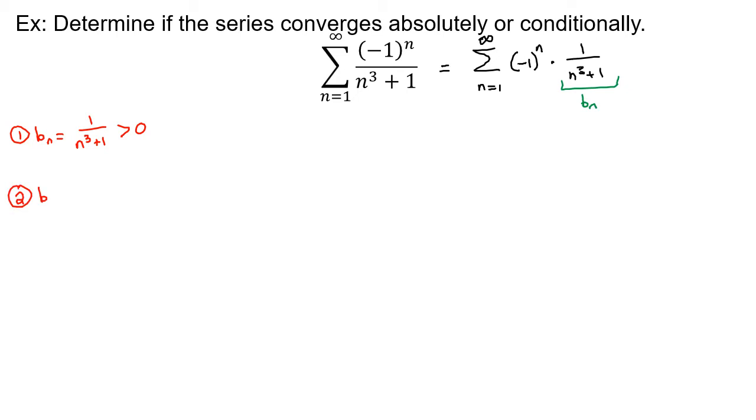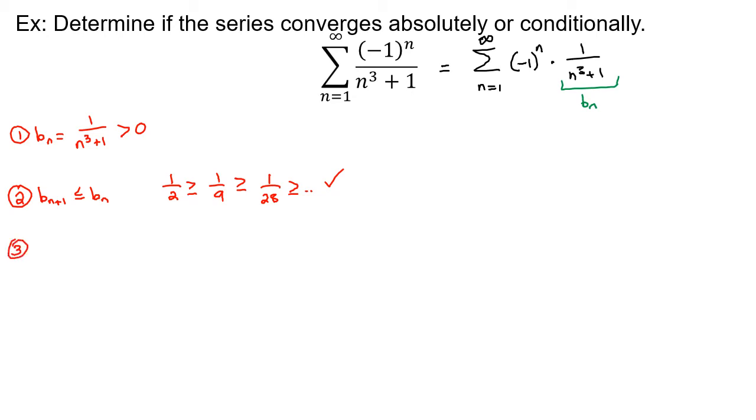We need the terms to be decreasing. So if you plug in 1, for instance, I get 1/2. Hopefully the next term is smaller. If I plug in 2, I get 8 plus 1 is 9 on the bottom. If I plug in 3, 3 cubed is 27 plus 1 is 28. So yeah, this is definitely getting smaller.